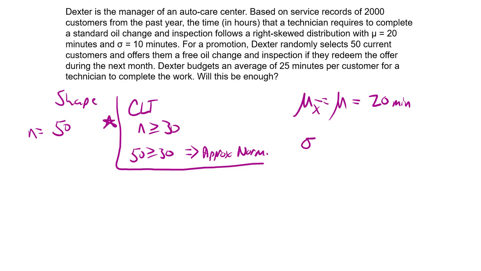Our standard deviation of our sample mean is found by taking our standard deviation and dividing by the square root of our sample size. Our standard deviation in this case was 10 minutes, so we take 10 divided by the square root of our sample size, which was 50. And what does that give us? Let's look real quick.